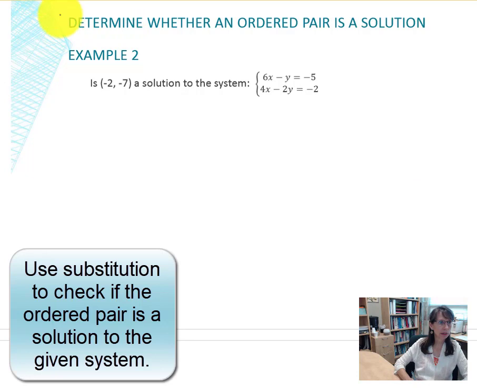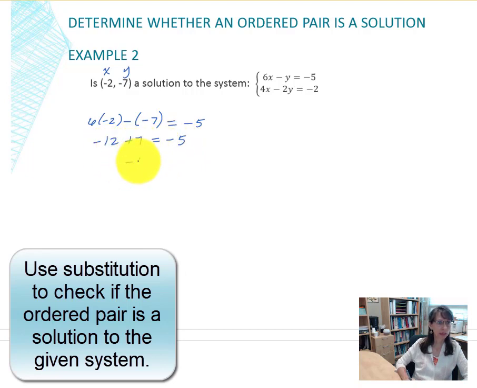In the next example, we're given the ordered pair (-2, -7). So x is -2 and y is -7. We'll make our substitutions. 6 times -2 minus the y value, so be careful, it is subtraction of a negative, equals -5. 6 times -2 would be -12, but then this changes to +7 equals -5.